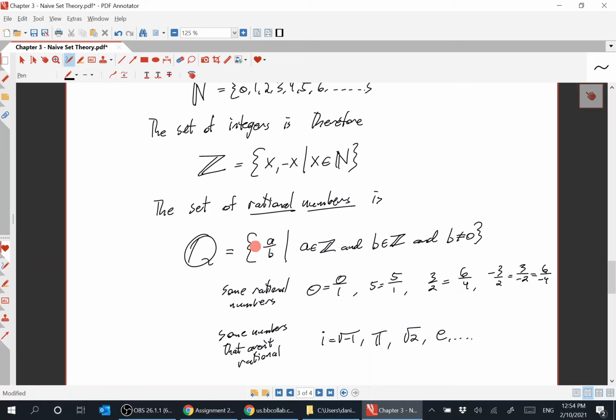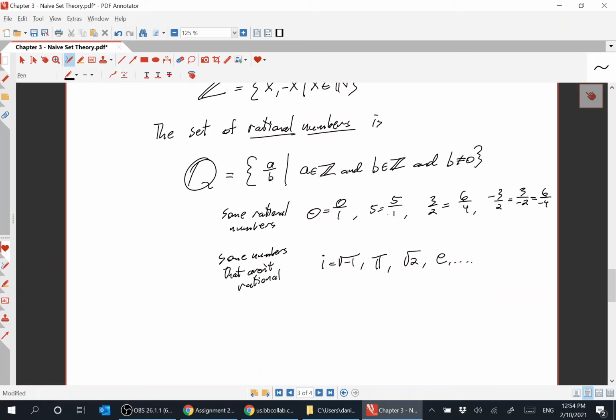So the set of rational numbers, it's the set of all elements a divided by b, such that a is an integer, and b is an integer, and b is not 0. Right? A is an integer, b is an integer, but b is not 0. So here are some rational numbers. You got 0 in there, you got 5 in there.